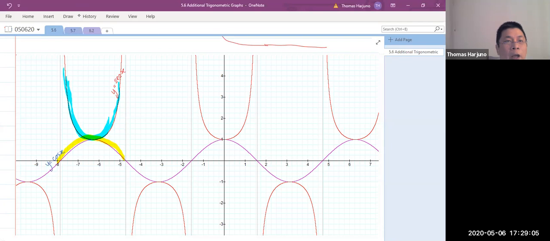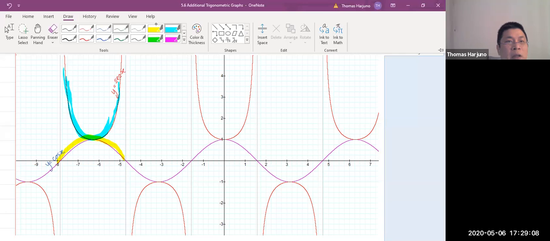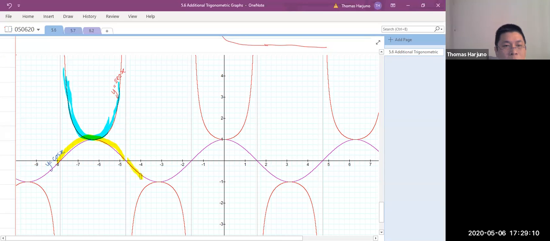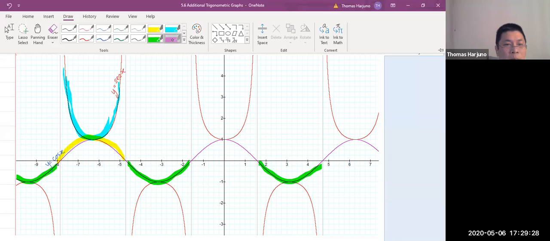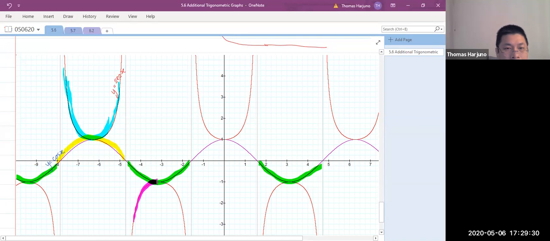Now when the cosine has the bump down, then the secant has the upside down cup, the cup opening up. Do you see that pattern?